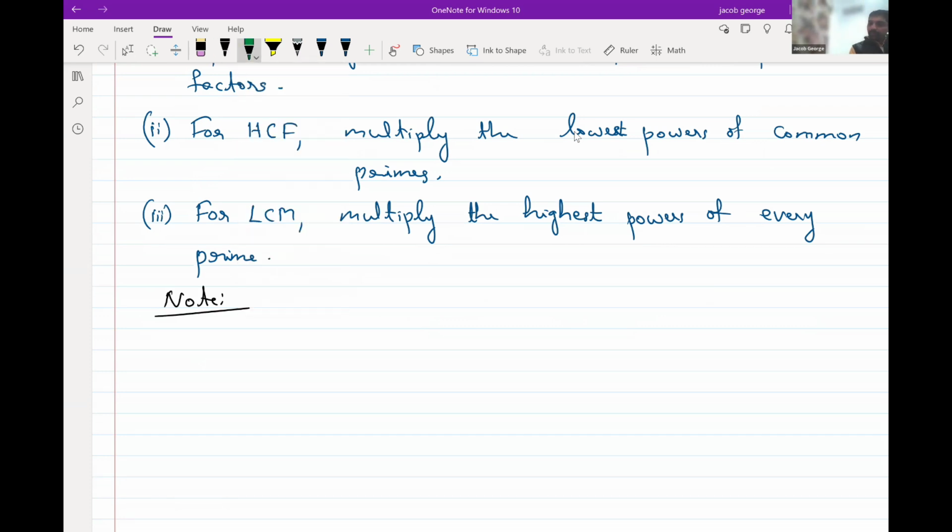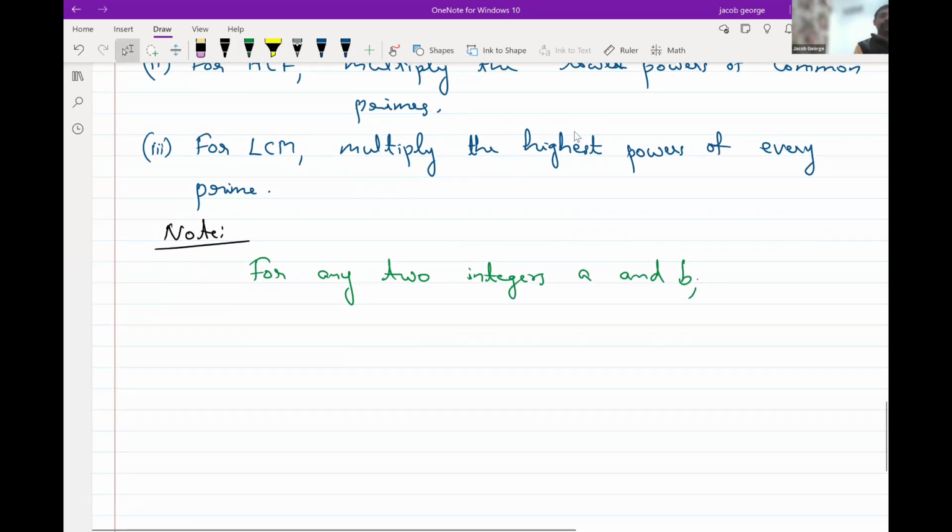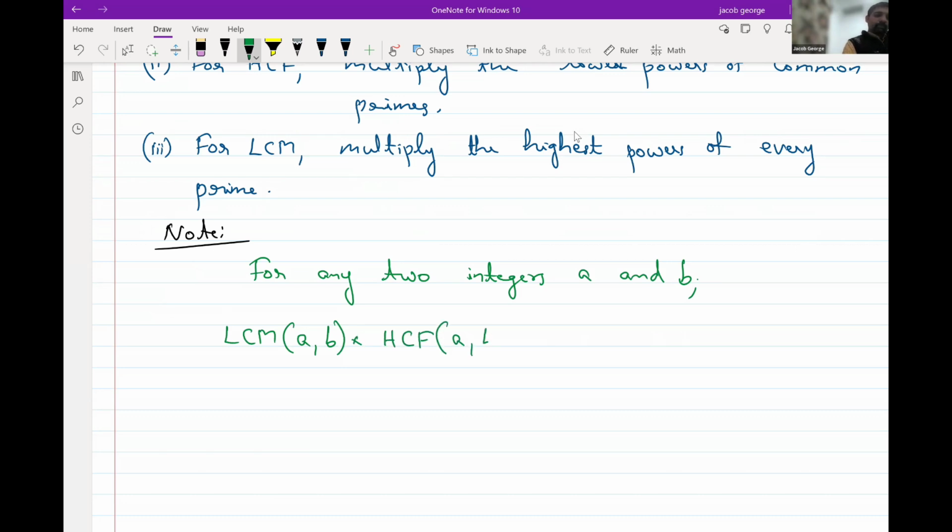For any two integers a and b, LCM of a and b into HCF of a and b is equal to a into b.